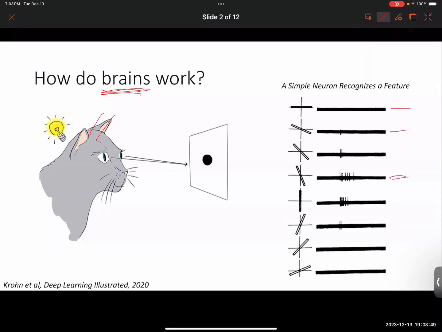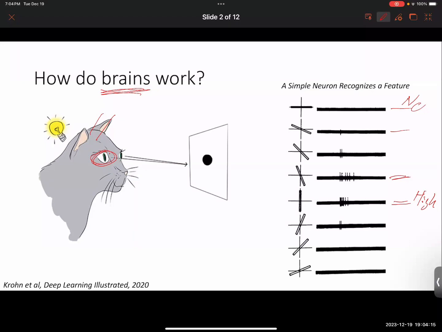For example, there's neural activity here, but there's nothing here. There's no activity. Here is high activity, right? But how do we stimulate the neuron? In this case, the cat has an eye, basically the retina, looking at the signal.